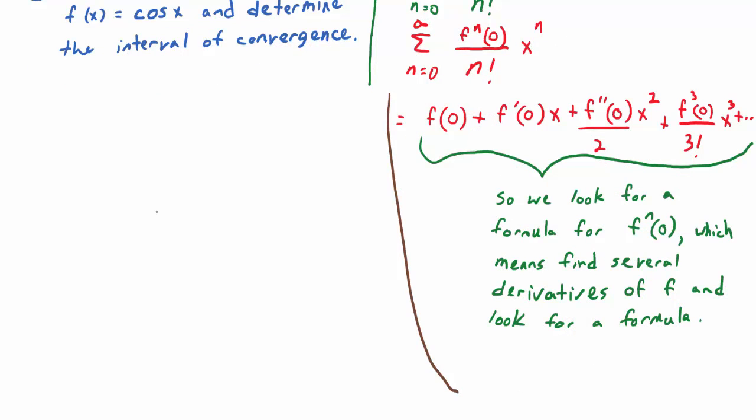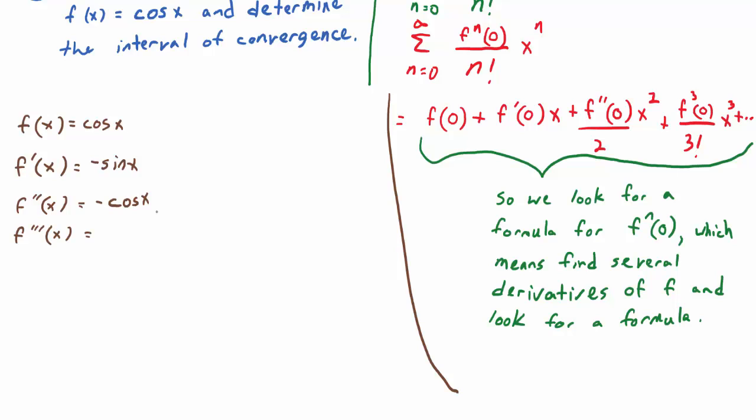So what is f of x? Cosine of x. f prime of x is going to be negative sine x. f double prime? Negative cosine x. f triple prime? Sine x.